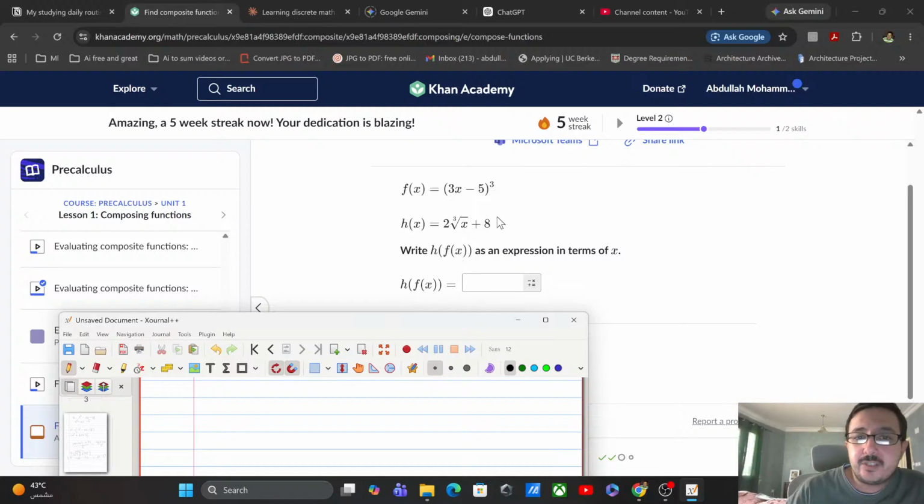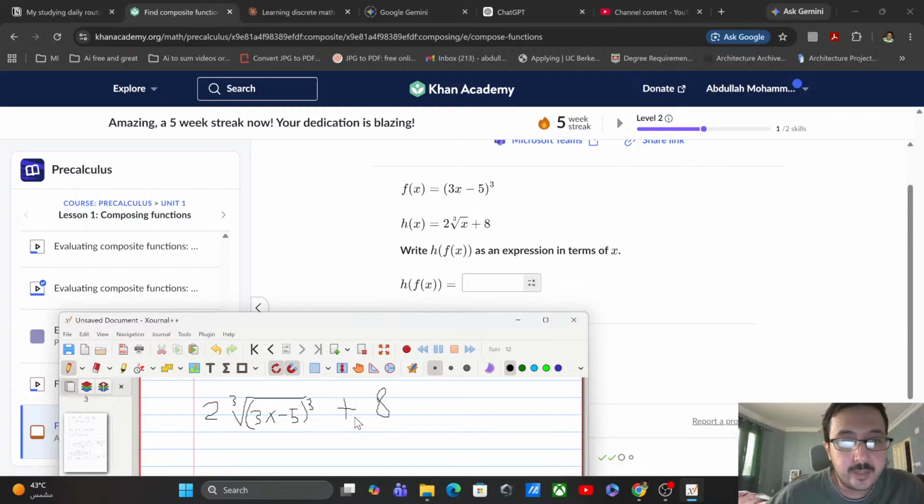H of f of x, this is the h, and then we got the f of x. This is getting even harder. So we got the h of the square root of x, which is 3x minus 5, all squared, all cubed, all to the power of 3, plus 8.